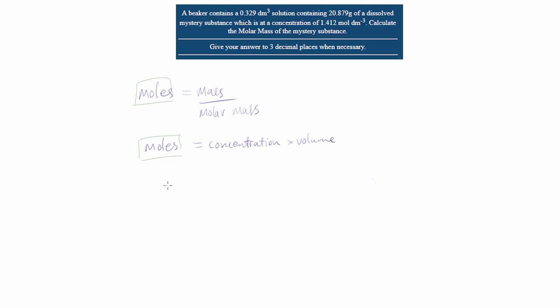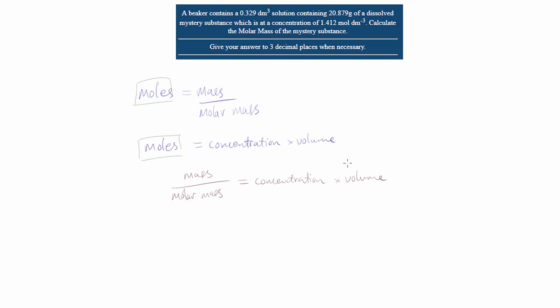So we can say that the mass divided by the molar mass is equal to the concentration multiplied by the volume. However, what we want to make the subject of the equation is the molar mass.